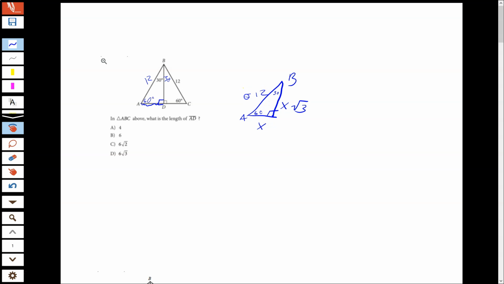And my big side is going to be 2x. You could use your notes as a reference if you don't have that memorized. And then this becomes pretty easy. So 2x equals 12, x is going to be 6. It's often helpful to draw a little sketch when you have more information than you need in one picture. I can just sketch the triangle that I need down here.